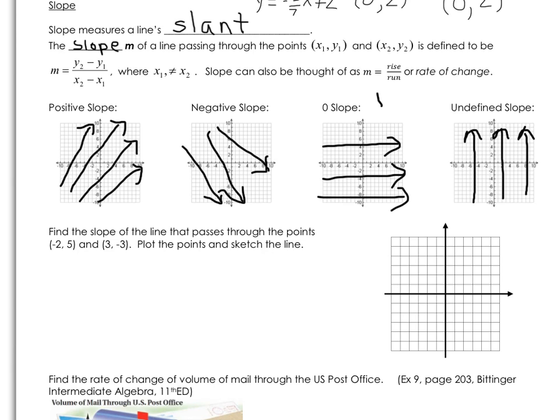So a zero slope will be a line of the form y equals some value. Let's call that value b because that's where it crosses the y-axis. Undefined slope will be vertical lines, which will be x equals some value. We can call that one c.